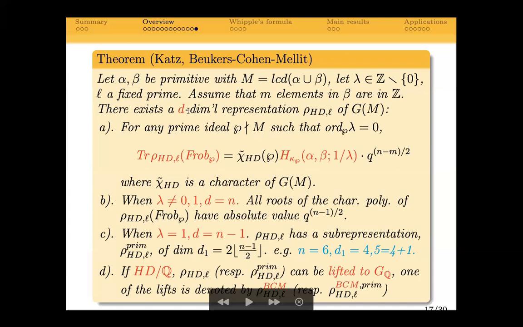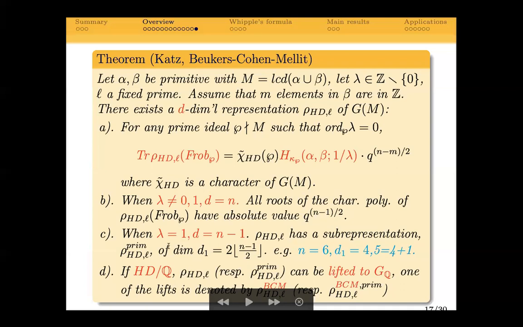In particular, let me get to the dimension. When lambda is not 0 and 1, the dimension will be the same as the length of the multiset alpha and beta, and it's also the pure case: all roots of the characteristic polynomial of the Frobenius will have absolute value q to the (n-1)/2.